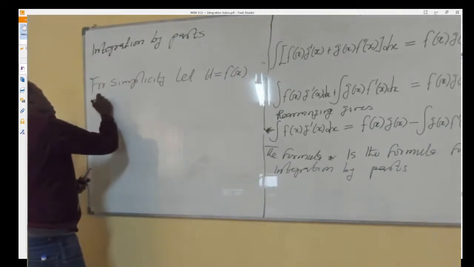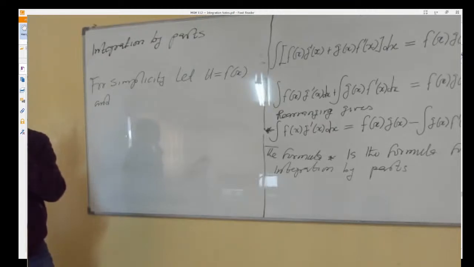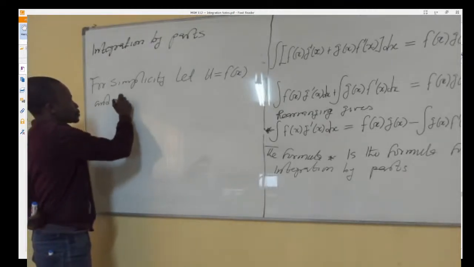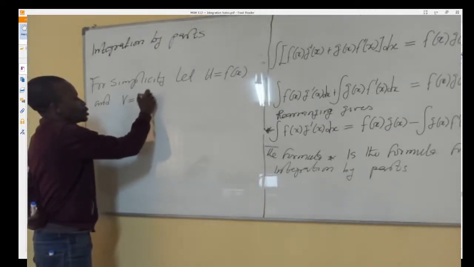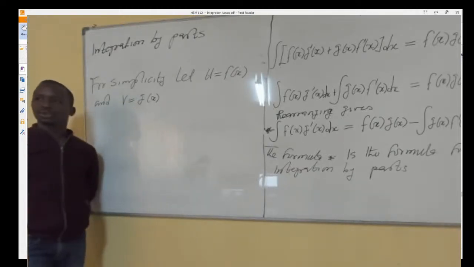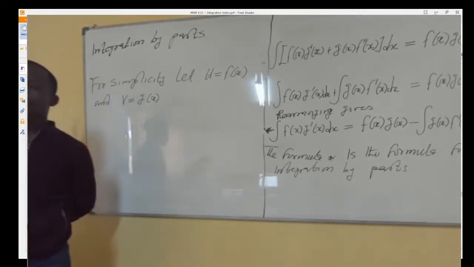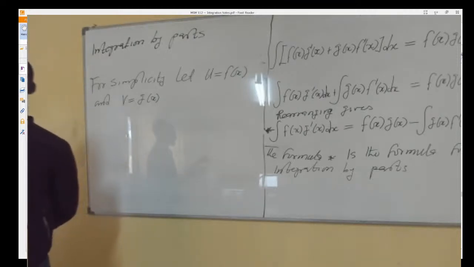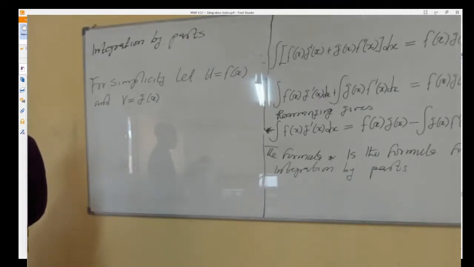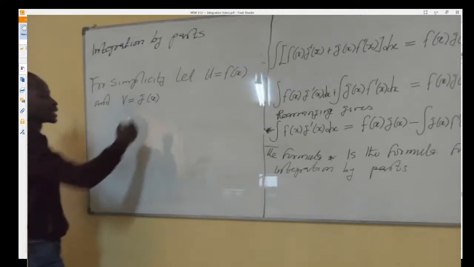and v be equal to g of x. So you let u be equal to f of x and v be equal to g of x.